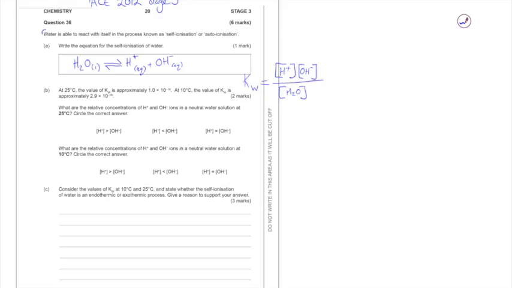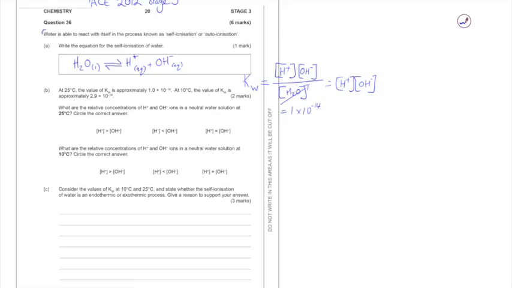But what happens here, guys, is, of course, what is the concentration of H2O? Well, this is actually equal to 1. So I can cancel that out, and then I end up getting H plus times OH minus. And we're given here that this actual number is equal to 1 by 10 to the minus 14.